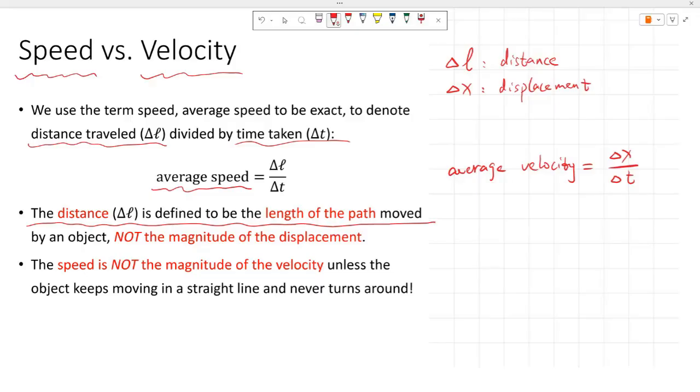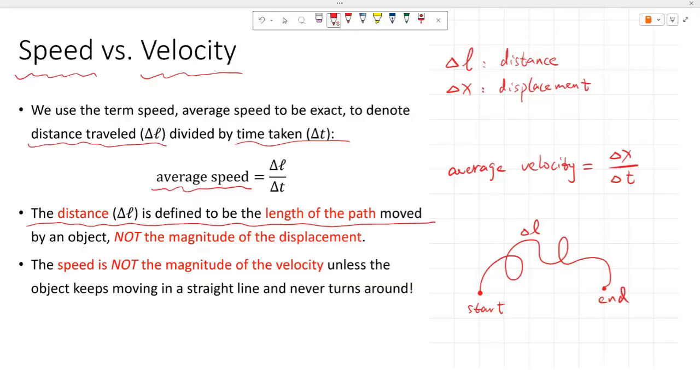Here's the diagram. Let's say we have a little bug that's crawling on the board here. The bug starts from here, goes through some crazy path, and gets to the end point. According to the definition, the length of the actual path taken by this object is what we call the distance.